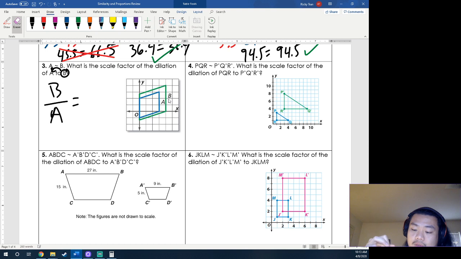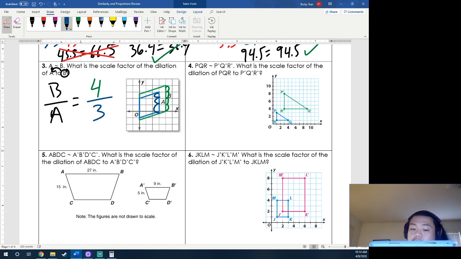I'm just going to use another color. So let's use green. 1, 2, 3, 4. So 4 is going to go on top. And then for A, we have 1, 2, 3, or 3 at the bottom. So your answer is 4 over 3. That is your scale factor. Okay, it's always going to be the second one over the first one.